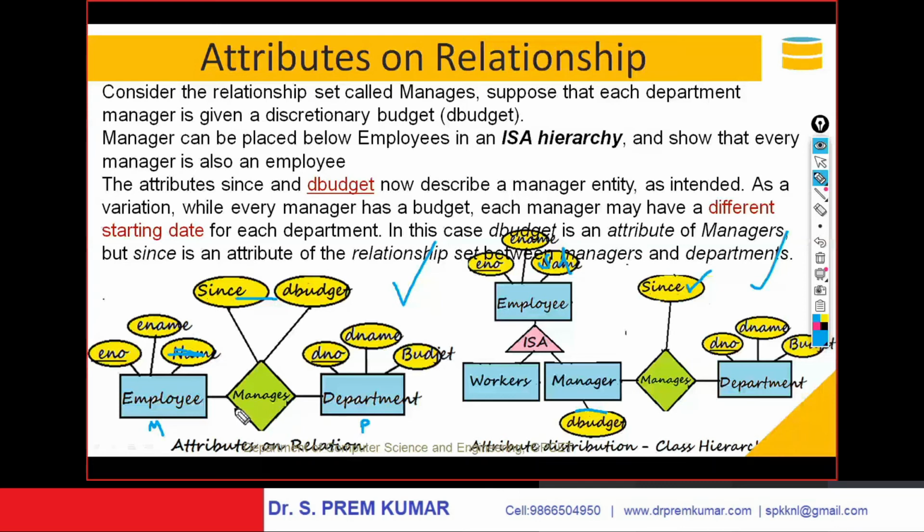So in machines, you have two types of machines: those which work inside and those which work outside. That means there is specialization. The machines are of two types, indoor machines and outdoor machines, which work outside. So this is nothing but a specialization.